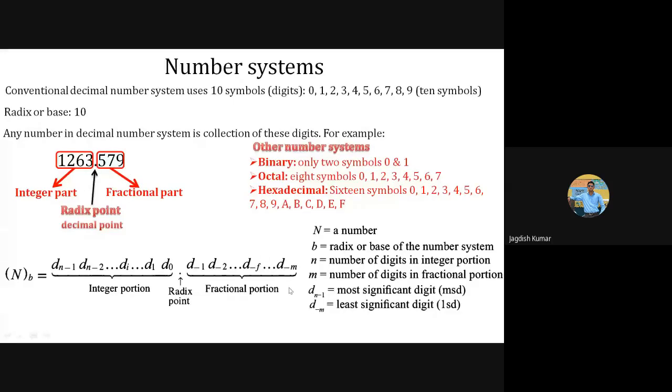So this D minus M is called the least significant digit. The digit which is rightmost in this number is least significant, and the digit on the leftmost side is called the most significant digit. Is this clear now, or is there still some question?